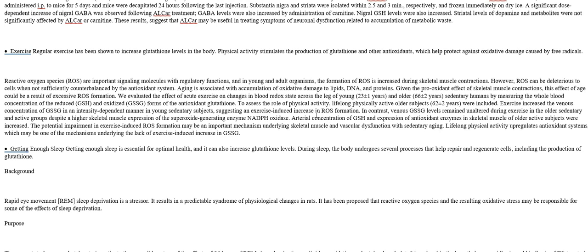Arterial concentrations of glutathione and expression of antioxidant enzymes in skeletal muscle of older active subjects were increased. The potential impairment in exercise induced ROS formation might be an important mechanism underlying skeletal muscle and vascular dysfunction with sedentary aging. Lifelong physical activity upregulates antioxidant systems, which may be one of the mechanisms underlying the lack of exercise induced increase in glutathione.